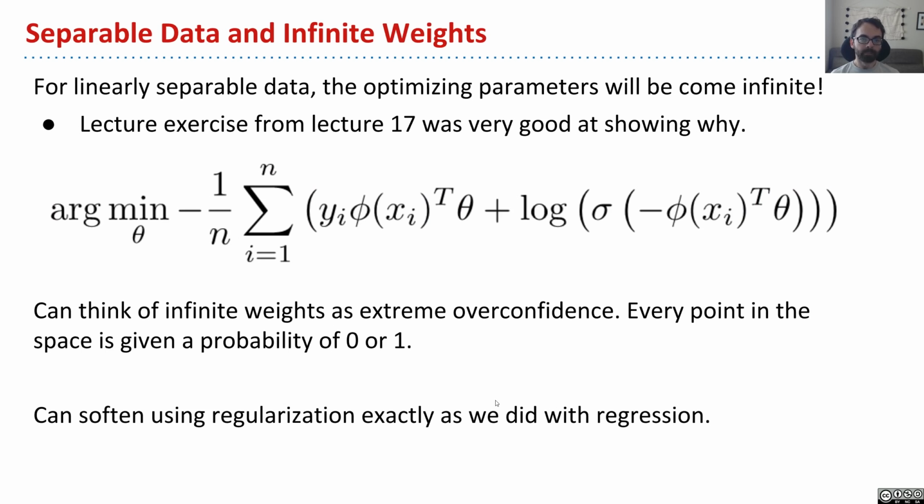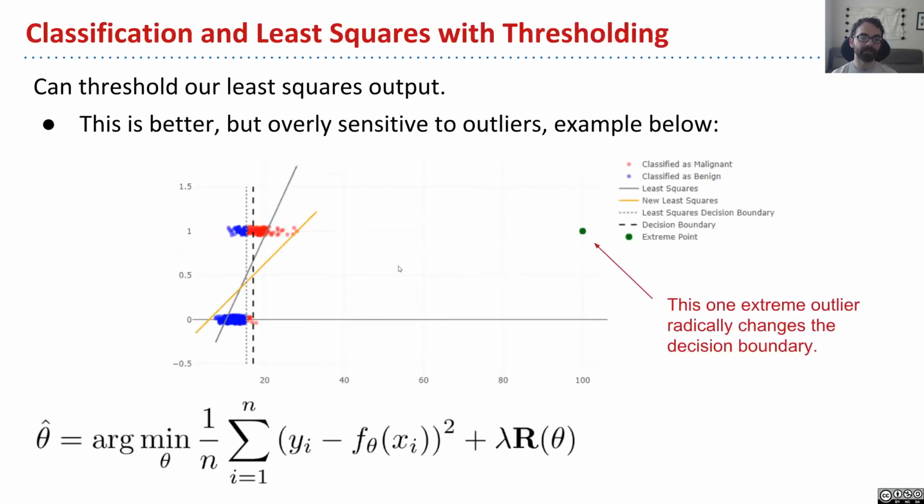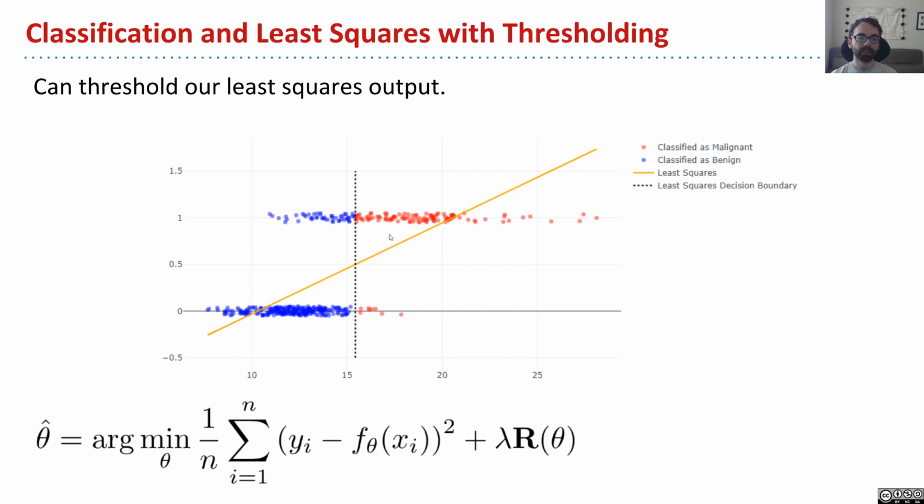Okay, now we had this issue: if we have data that is linearly separable, that is, let's go back to this example we had before. Linearly separable would mean that there is an actual line that does a perfect job.